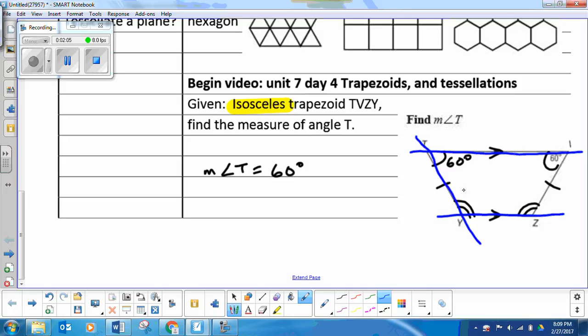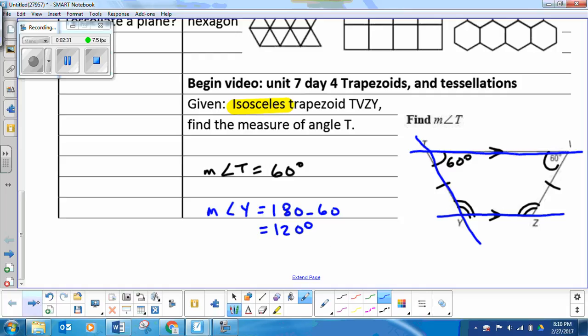They're on the same side inside, or what we call consecutive interior angles of two parallel lines. So if I was to try to find the measure of angle Y, I would use the supplementary relationship between those two angles, and all I need to do is subtract 60 from 180 to come up with the value of angle Y.